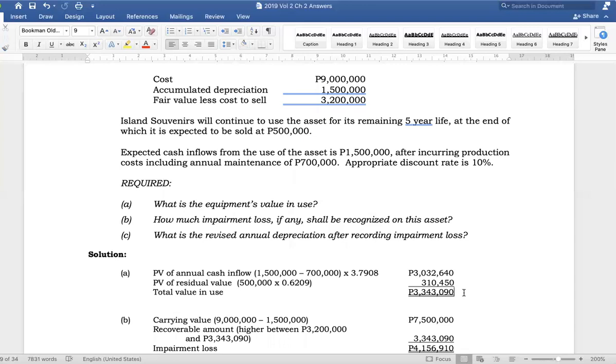Value in use is 3,343,090. So this one is higher than 3,200,000. So yes, we will be using the value in use as our recoverable amount because the value in use as we computed is higher than the fair value less cost to sell.